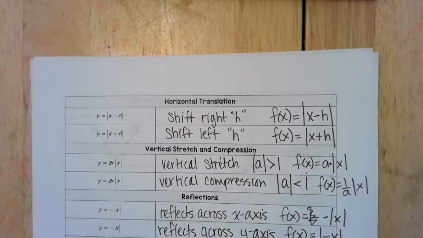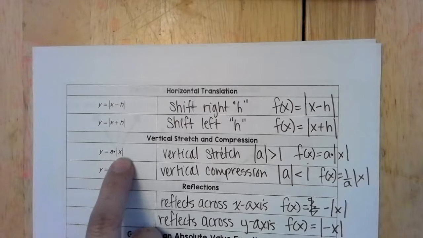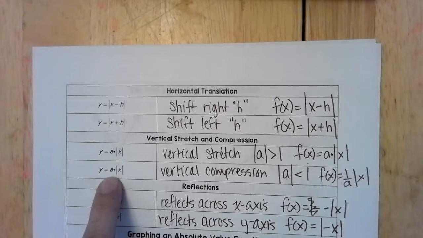Vertical stretches are where you are multiplying by a whole number greater than 1 times the absolute value, and that changes your y's. It actually multiplies your parent function by how much a is. And the same thing with compression. It multiplies the parent function y's by the fraction, which causes compression.